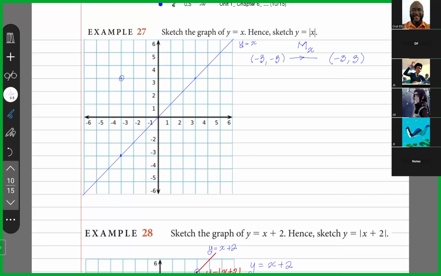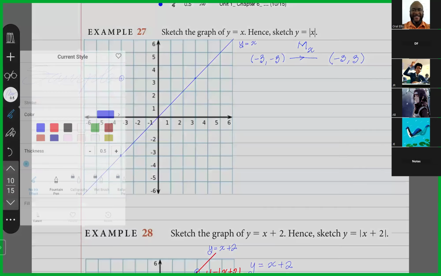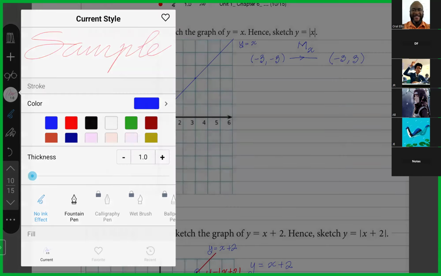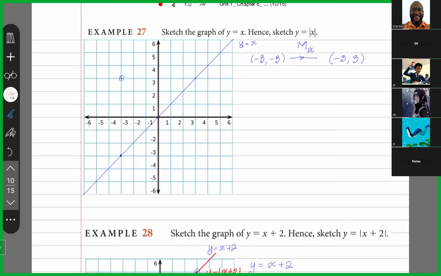All right, let me just change the color to draw the graph of y is equal to the mod of x. So remember, the part of the graph that is above the x-axis remains the same, and the part that is below the x-axis gets reflected above the x-axis.